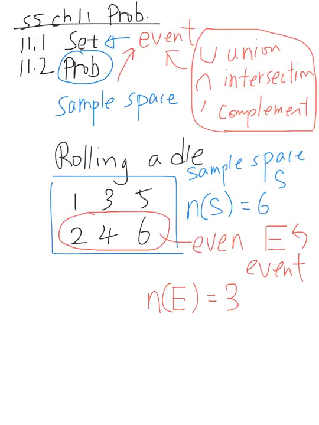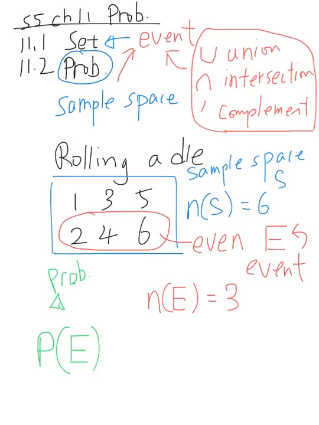Finally, what's the relationship between the sample space, events, and probability? Now let's say P means the probability of getting a result with an even number. This is the notation for probability. Let me write that.